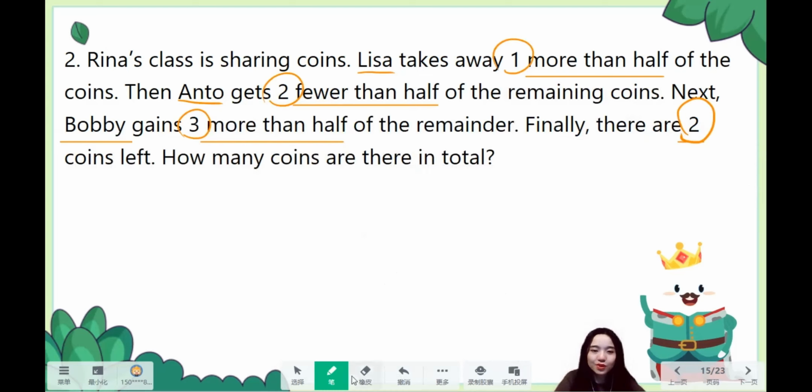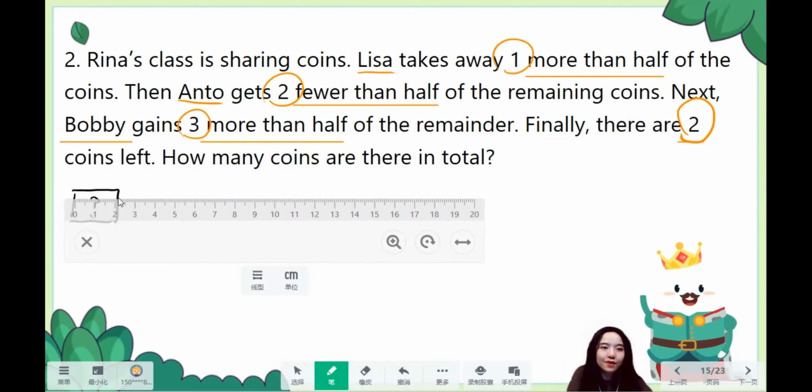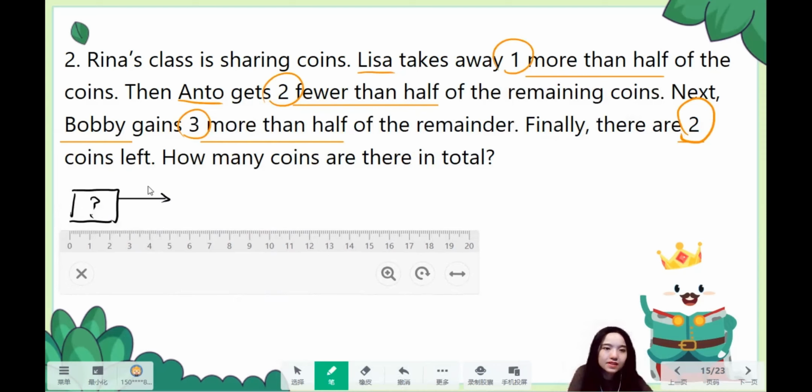Now, let's draw the box. Here we know in the very beginning, there would be some coins. Use a question mark to represent it. First, Lisa takes one more than half of the coins. Get the half by dividing by 2.